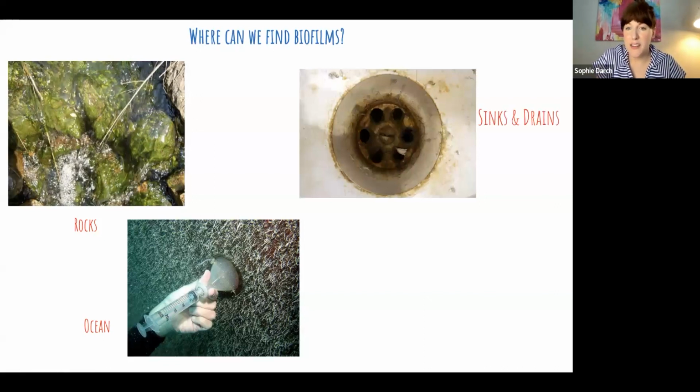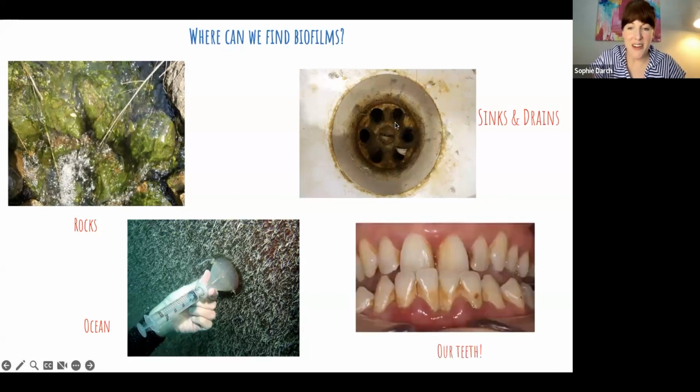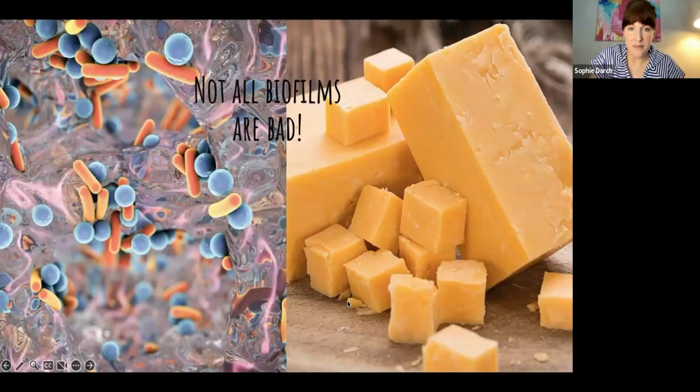Gross but true, in our sinks and drains at home, that scummy liquidy stuff is also a biofilm. And then our teeth. A huge area of biofilm research is plaque. If you don't brush your teeth properly, that's a bacterial biofilm that's really interesting to study and look at under the microscope as well.